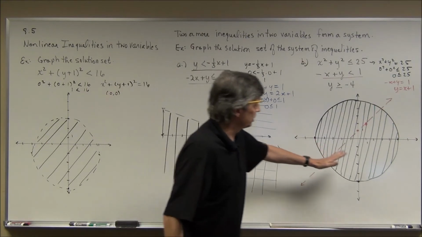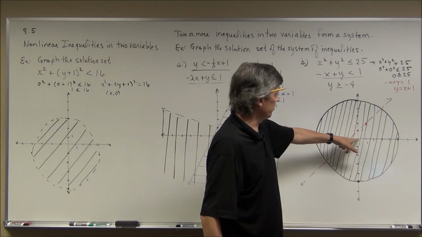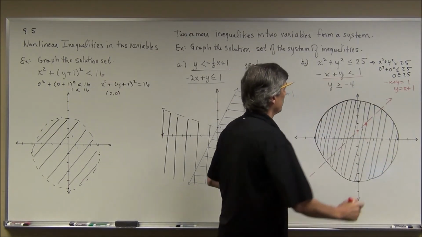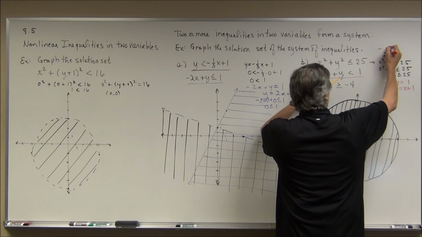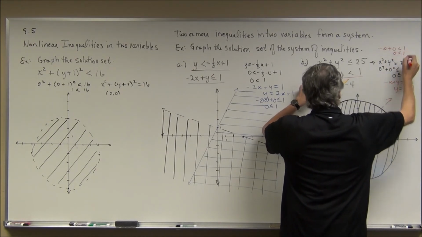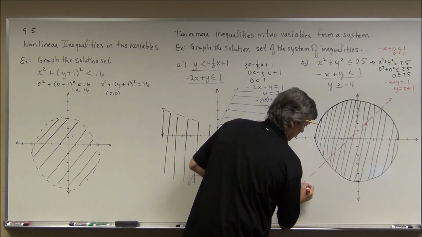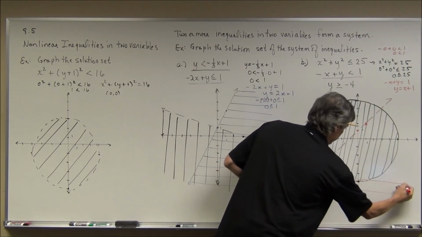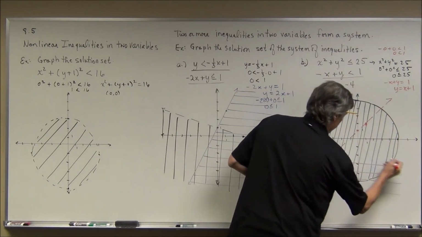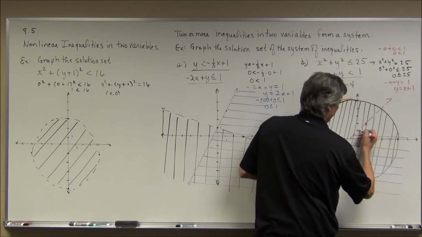And now I either shade below or I shade above, take a test point, and as you can see 0, 0 is kind of below and to the right. I plug 0, 0 in, I can kind of see this coming. That's true, so I'm going to shade, let's shade it this way. And you can see where you have some overlap.